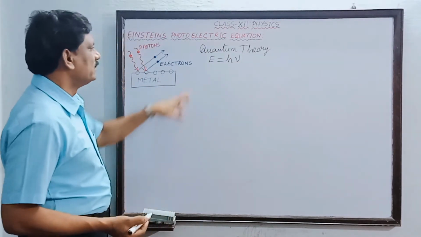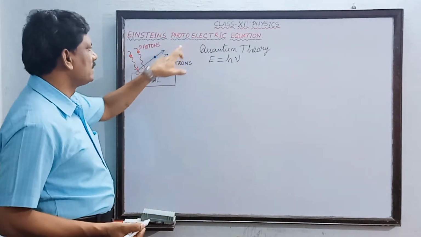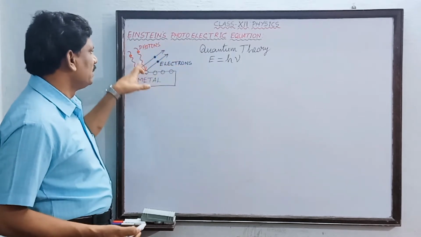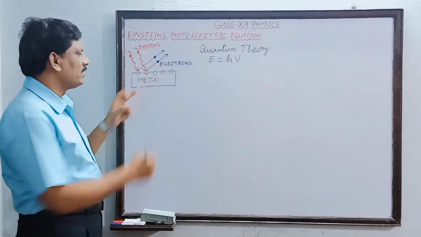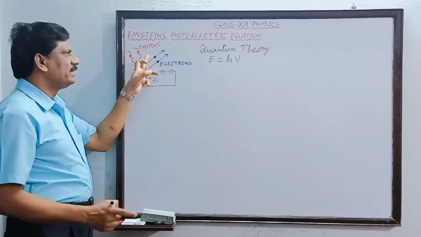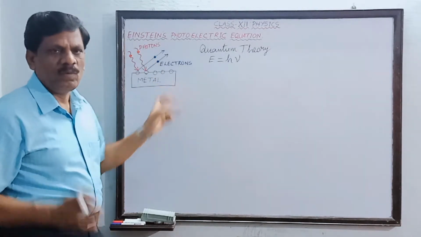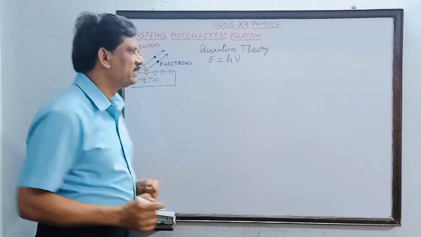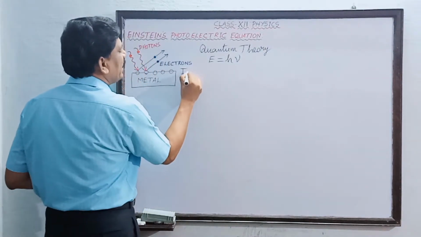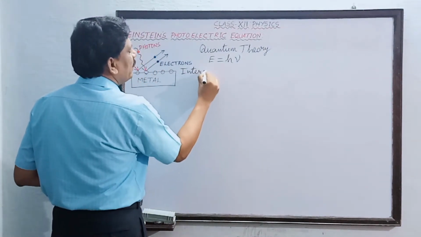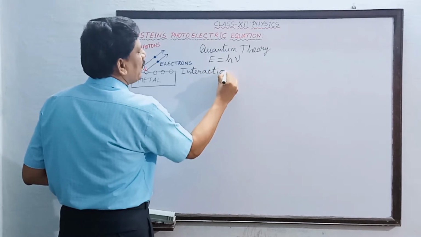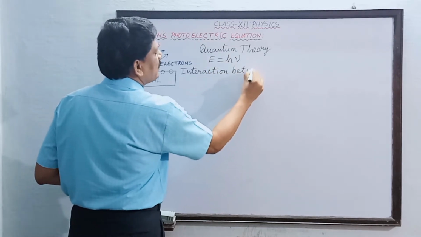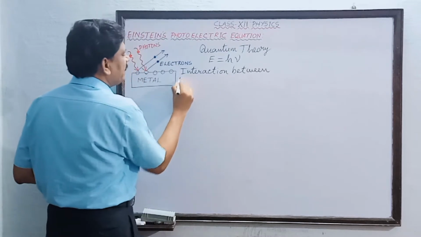Then according to Einstein's theory, when light is incident on a metal, what is actually happening? There is an interaction between the incident photons.